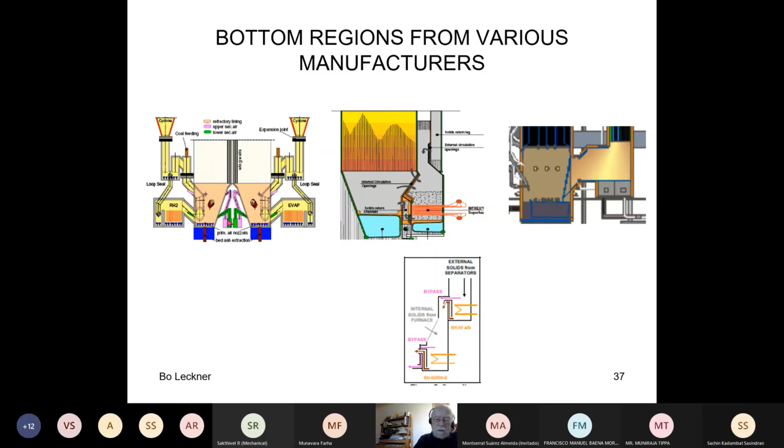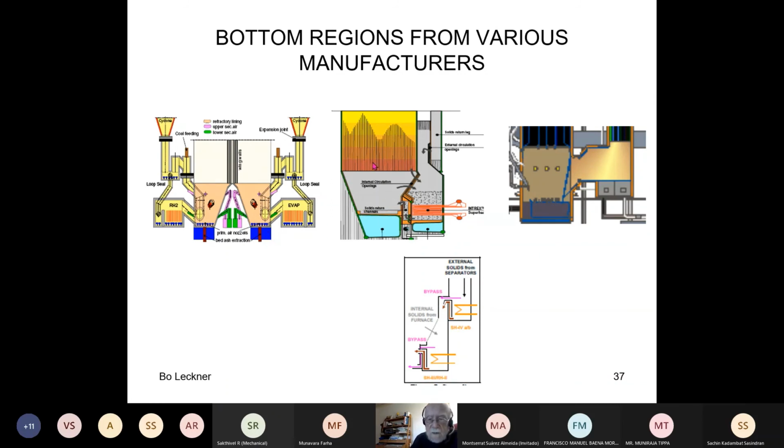You can see here the pant leg, and inside these pants they have the injection points for air and for fuel. So they have it both on the outside if there is space and on the inside. This means that the fuel will be better spread, and secondary air will be better spread here.